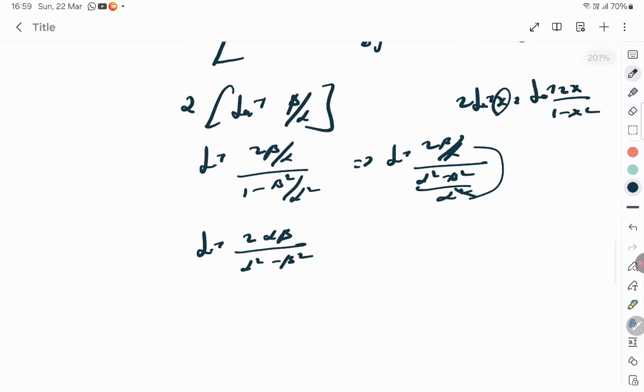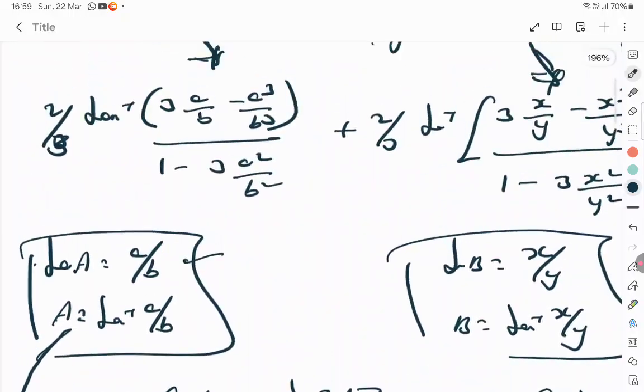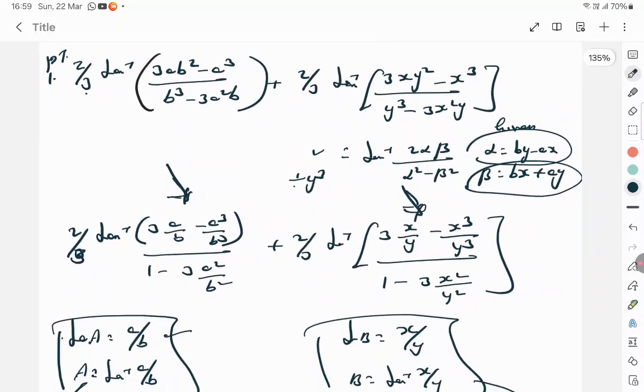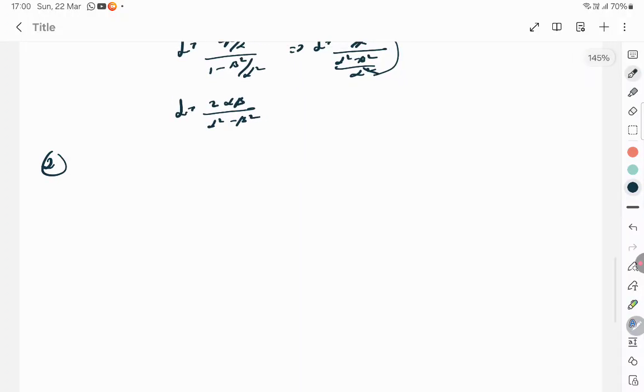I hope you understood. So that's what it is, and this is what you needed to prove, and that was the question. The right hand side is what you needed and you got it. So let's go to the next question that we discussed in higher order thinking sums.